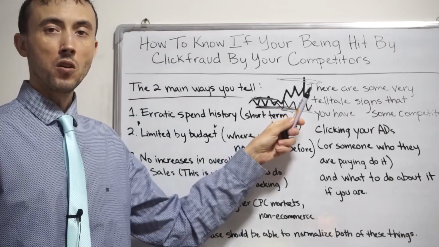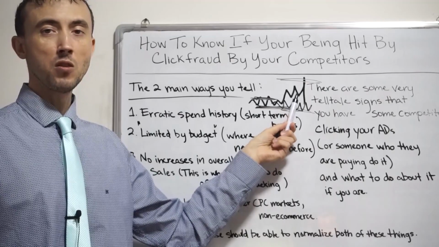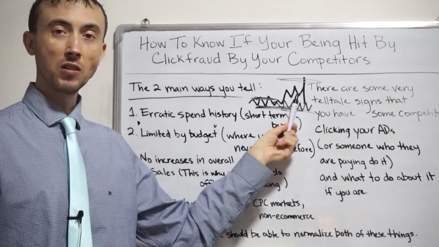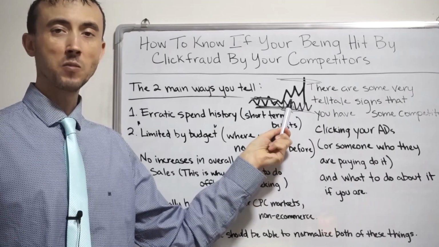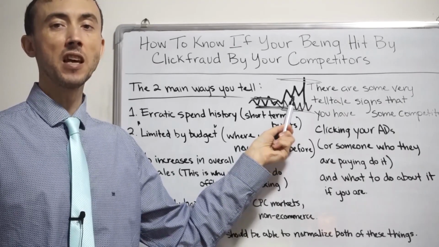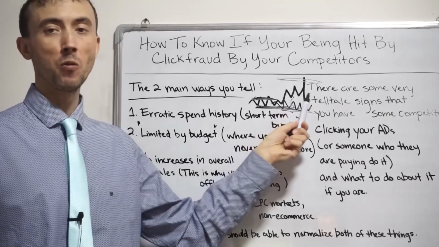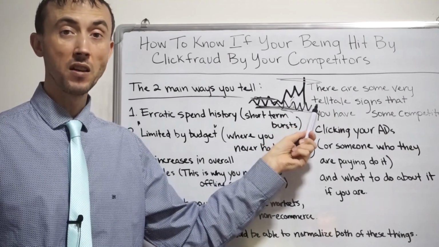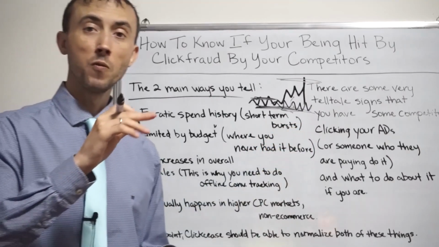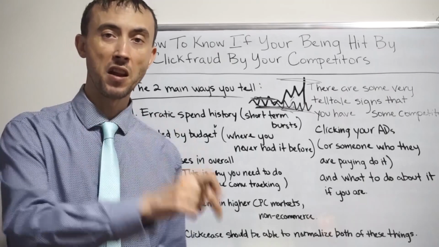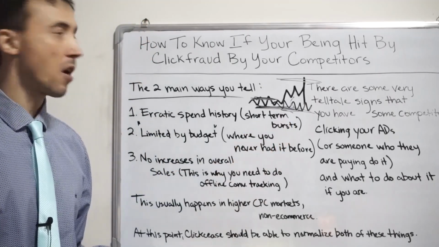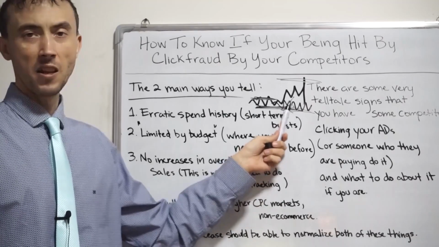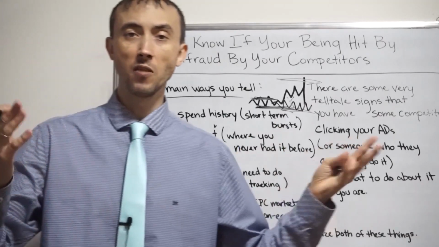So when the click fraud happens, you have the huge rise in spend, you activate the ClickC software, and now your ad spend goes back to basically averaging where it was on a daily basis before that big ramp up or rise in ad spend. That's when you know for sure you had click fraud by your competitors, because it looked like you had click fraud, you activated click fraud software, ClickC's, and then the spend went back down to where it always kind of was.